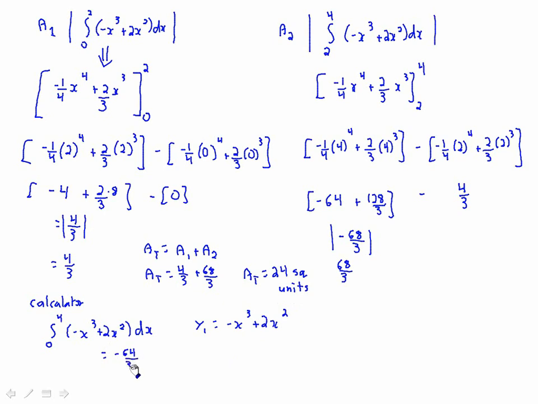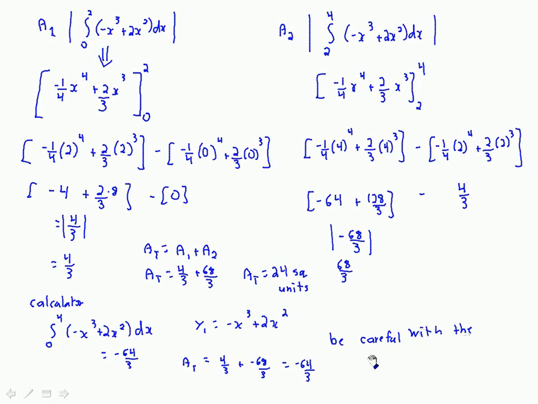And all that they did on the calculator is they went for the total area. They did not consider the absolute value. They just went positive 4/3 plus negative 68 over 3 equals negative 64 over 3. So be careful with the calculator.